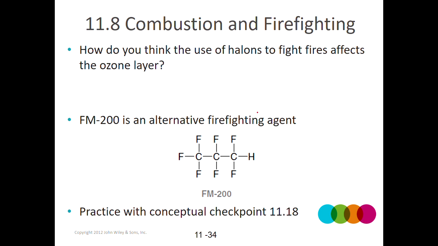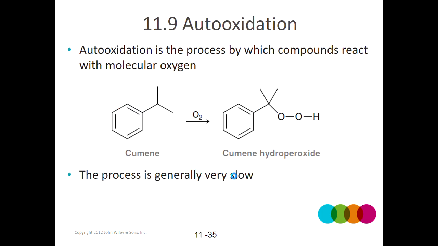So some more recent halons, or I should say an alternative to a halon, this FM200, has all the same benefits of the halons, but it's an alternative that doesn't go into the upper atmosphere and produce free radicals up there that would react with oxygen and disturb the ozone cycle. So that's another benefit of that particular structure.